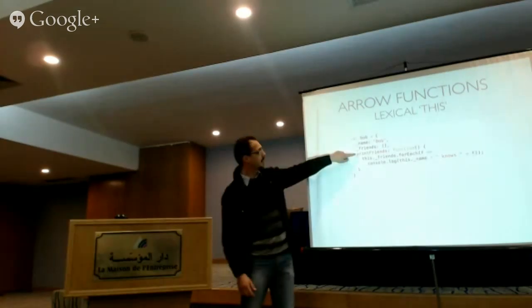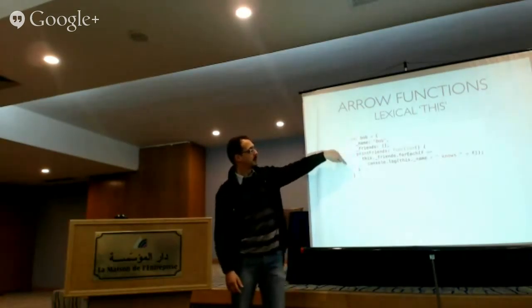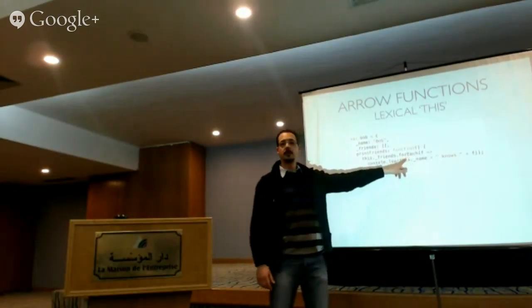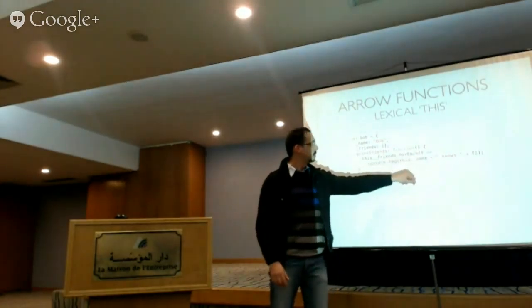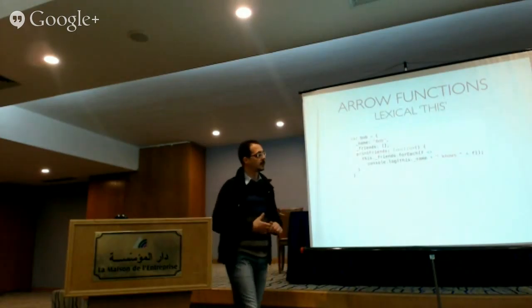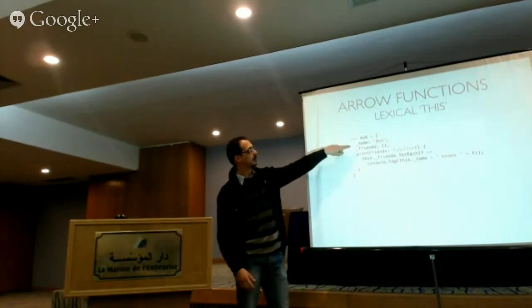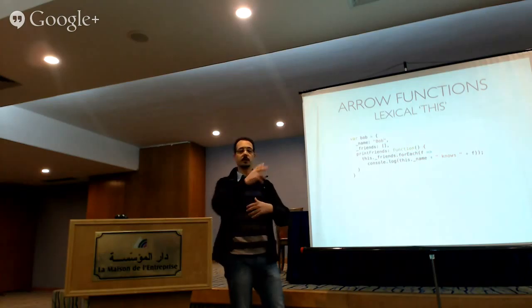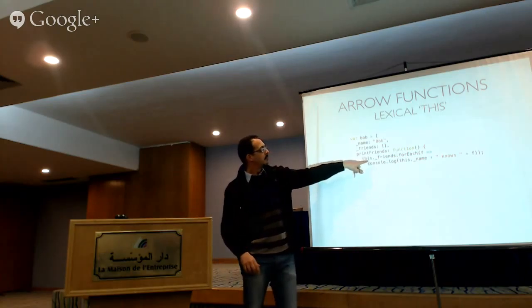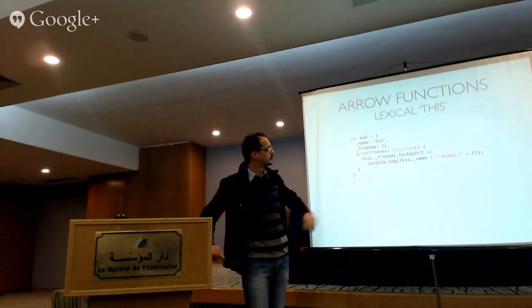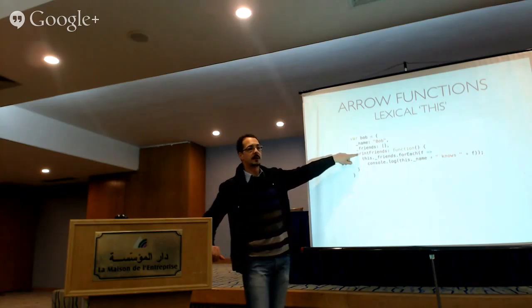Inside this function, this points to the object in which the function is defined. But here, in the forEach loop, we define an anonymous function, and in the anonymous function, this does not point to the object anymore. It has its own scope. So this points to the function's parent context, and doesn't point to the object.